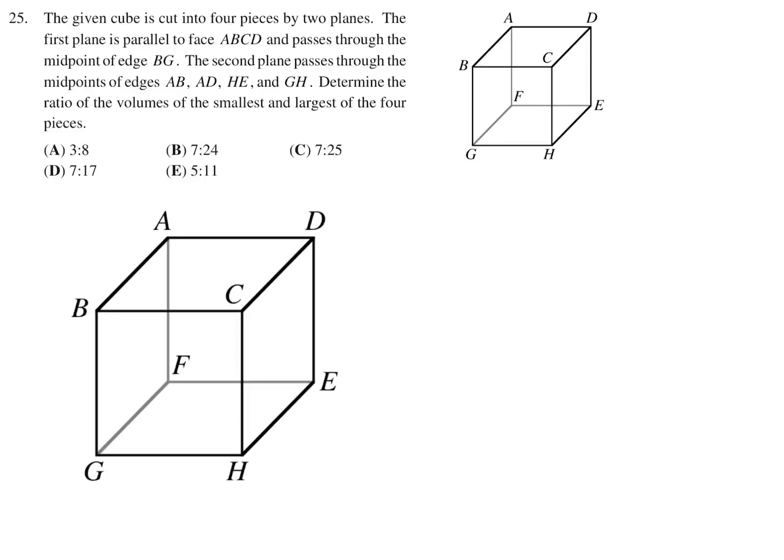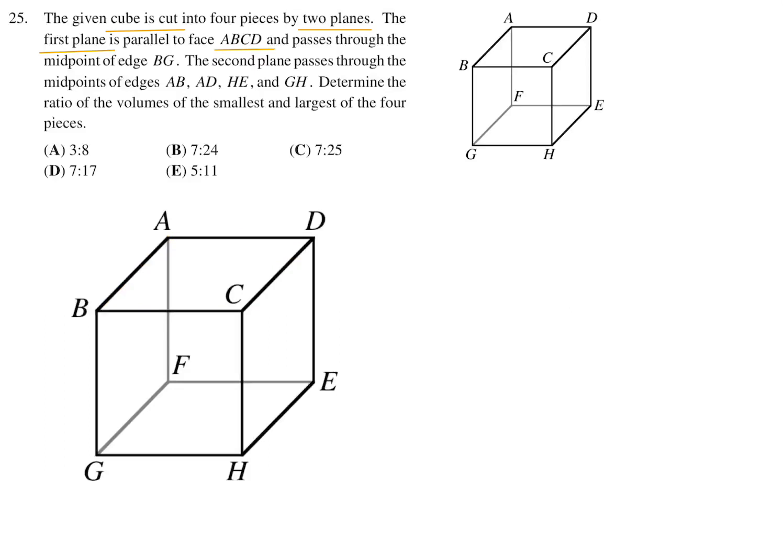So the first thing we need to illustrate is the diagram. So I'm going to concentrate on this cube and show you how this is being cut. The given cube is cut into four pieces by two planes. The first plane is parallel to the face ABCD. So that means it is exactly like ABCD, which is right here, but it's below ABCD.